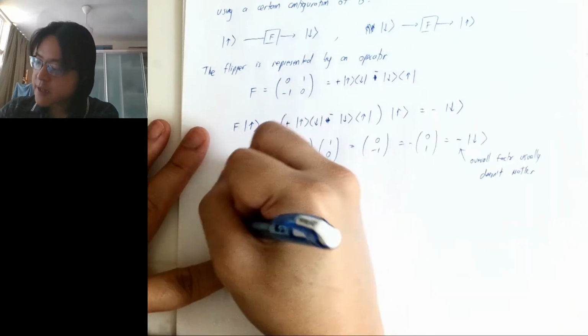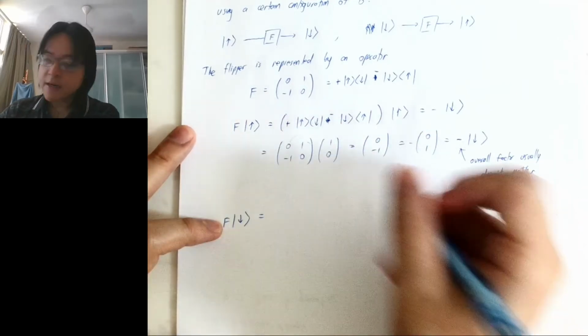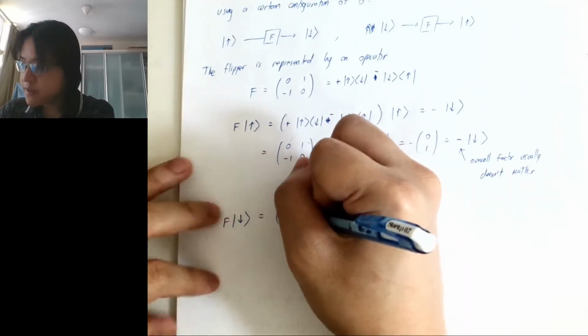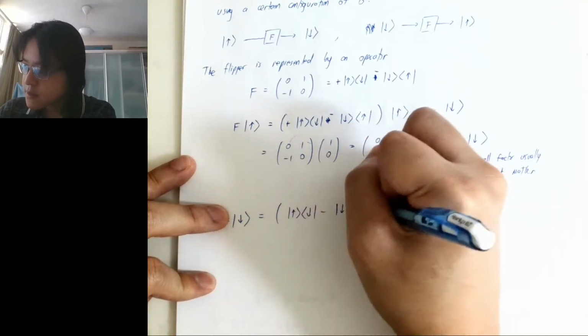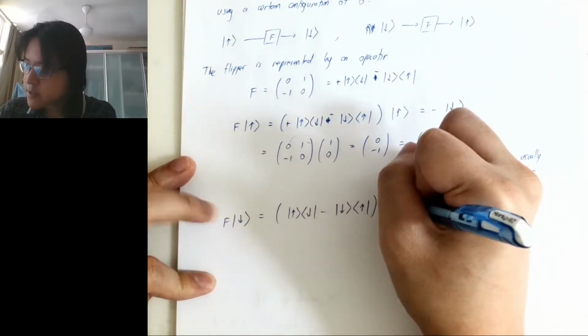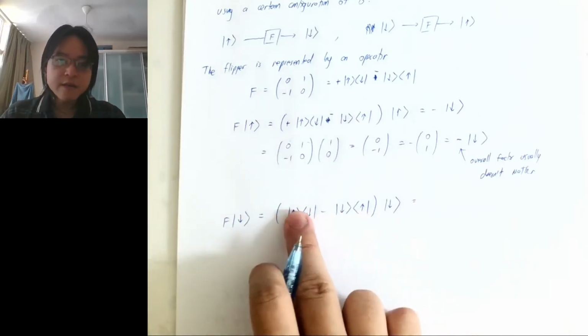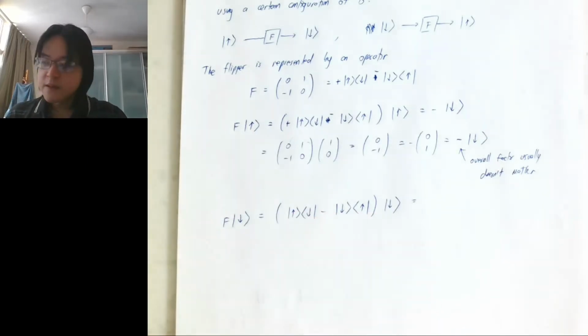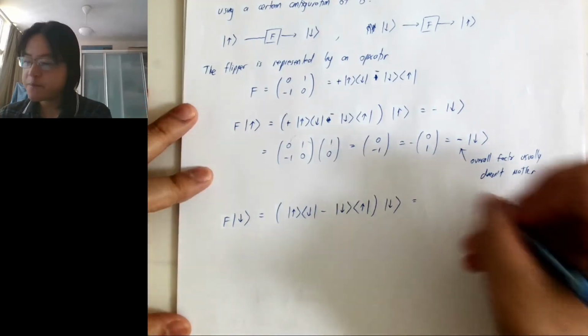Okay, but let us complete our picture by acting this on the down state. So on the down state, how does it look? Well, this is my flipper operator, up down minus down up. And I want to act this on the down state, right? So this times this, the down state is gone, then this times the down state, you will end up with the up, right?